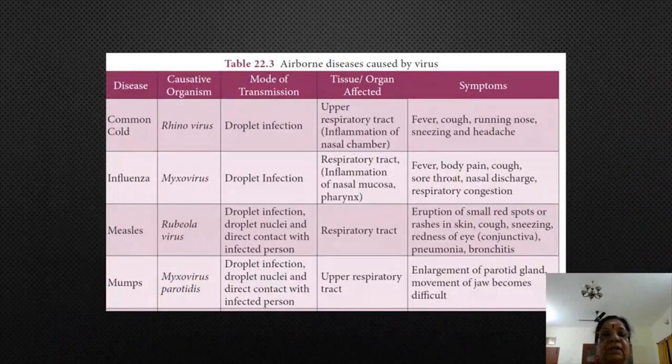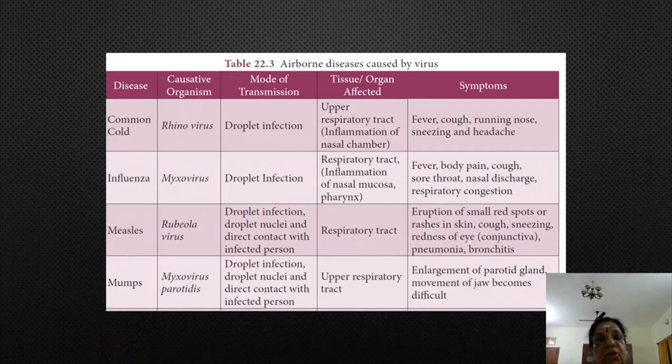The next one is airborne diseases caused by viruses. It is a communicable disease, airborne disease caused by viruses. What are all? Common cold, influenza, measles, and mumps.